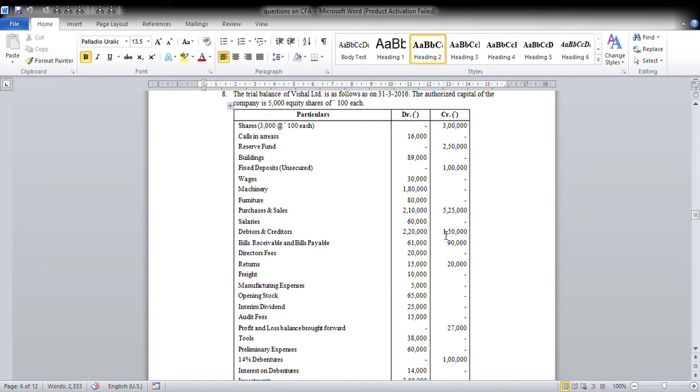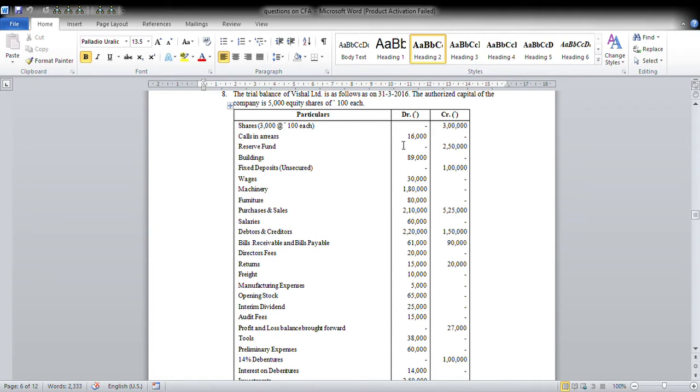But here, when I explained to you about the calls in arrears, the calls in arrears was showing a debit balance. In spite of being a debit balance, I have neither taken this into the expenses nor shown this as an asset here. So it so happens sometimes in the case of some accounts, irrespective of the nature of the balance which is provided, we have to show this on the opposite side.